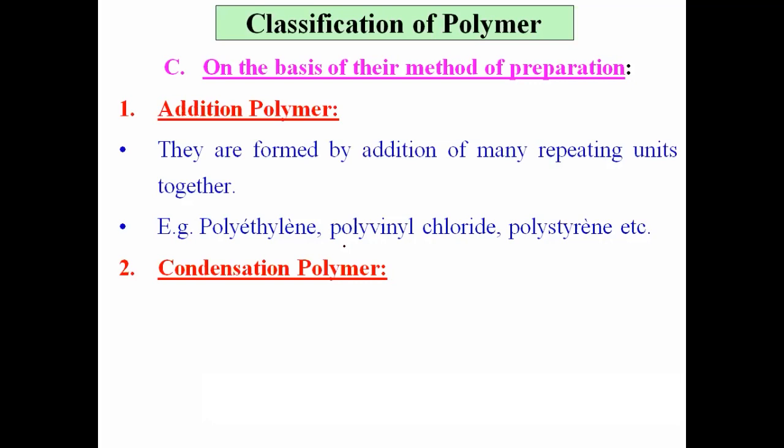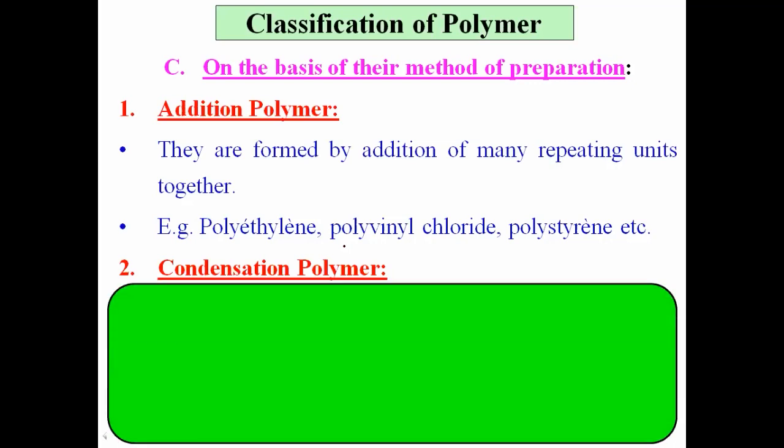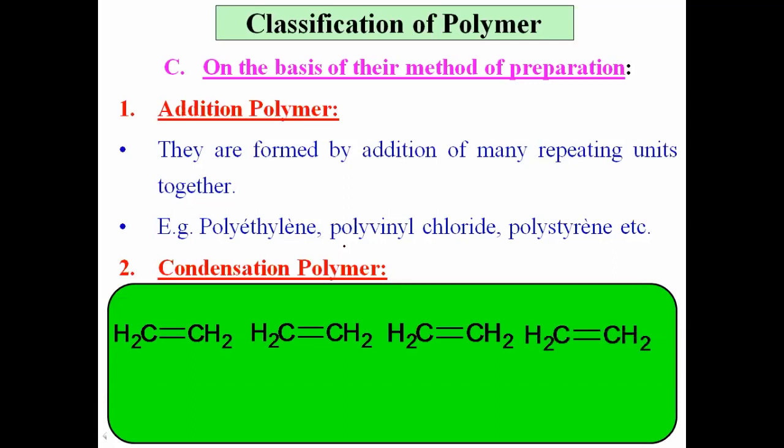Now let us see one example of how the addition reaction occurs during the formation. This is our ethylene molecule. Again, a second ethylene molecule, third one and fourth one. Suppose there are a number of ethylene molecules and they undergo addition. How does the addition reaction occur? This pi bond undergoes breaking. There is a formation of a new bond between these two. Again, the pi bond undergoes breaking.